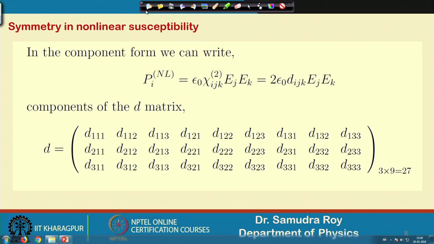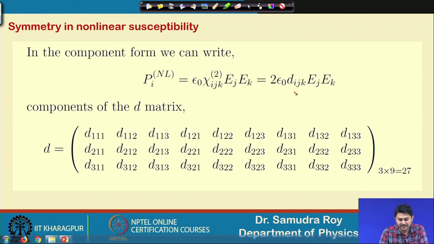Now, the question is, if we have i j k here in terms of the d matrix, this is 2 epsilon 0 d i j k. So, how many d components are there? Now, if I calculate i j k, there are 3 components. For each one, say i and j fixed, the k component can vary from 1 to 3.